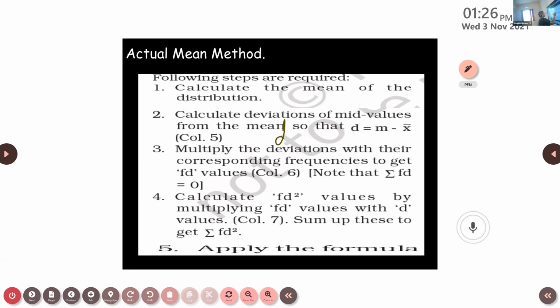After finding the D, if you find the D square, then you multiply that with F, you will be getting FD square. Okay. So any one method you can use. If you are using the method which I told you just now, that will be helpful for you because this is the same which you have done in the previous solution.